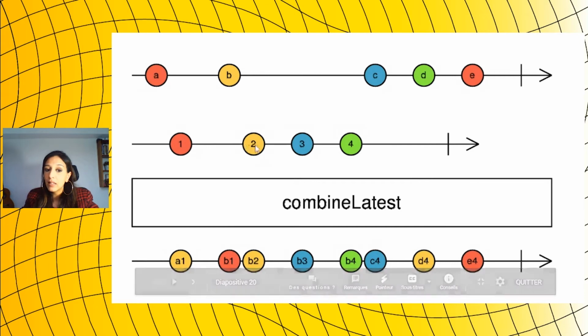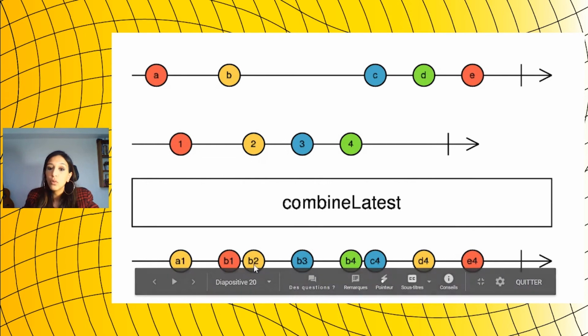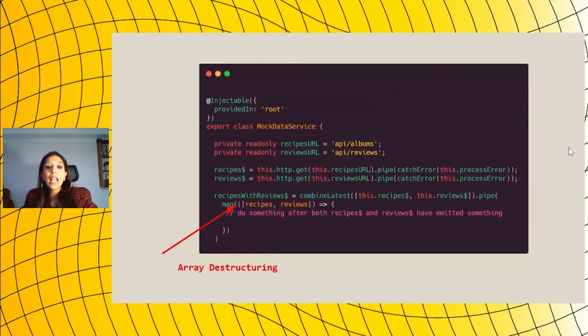And at this time, the second stream emitted the value 2, and for this stream, the last value is still B. So it will be B2, and so on and so forth. So every time it will emit the last value of the streams passed as input. And this will make you able to get the recent version of the data every time.